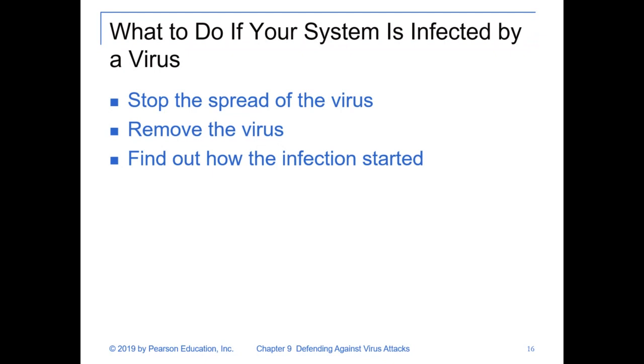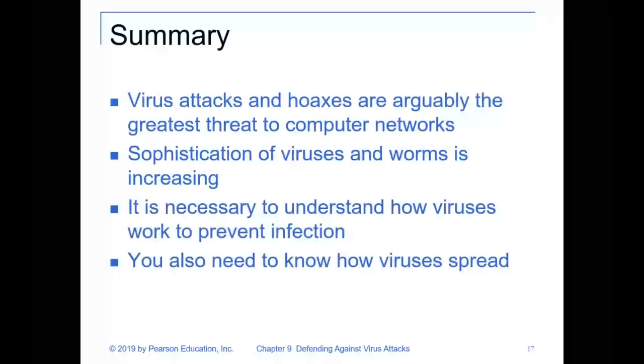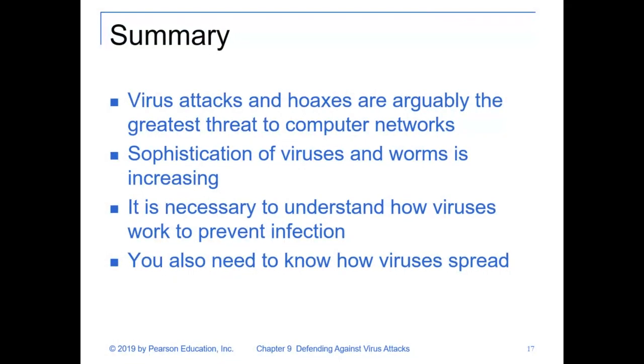All right, so in Chapter 9 we looked at viruses. Virus attacks and hoaxes are usually the greatest threats to a computer network. The sophistication of viruses and worms is increasing, so it is necessary to understand how viruses work to prevent infection. You also need to know how viruses spread, as we have talked about in this chapter as well.